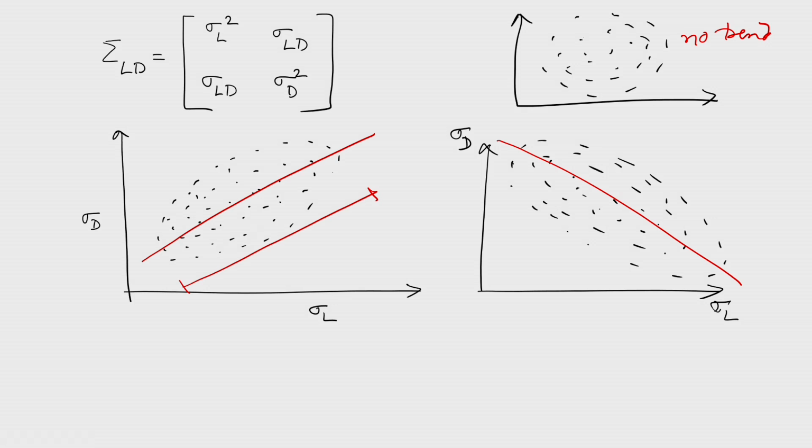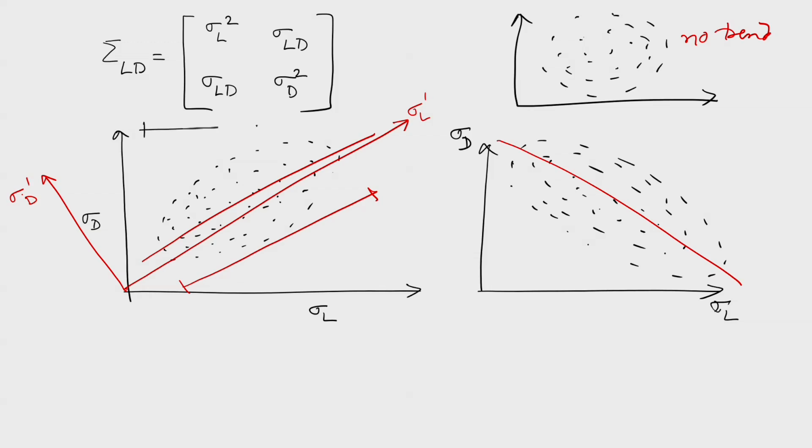Moreover, I want to make the errors such that these errors, which are now correlated, sigma L and sigma D, become uncorrelated. So, what can I do? Let us rotate this axis in such a way that this becomes the new axis like this, and I call them, let us say, sigma L dash and sigma D dash.